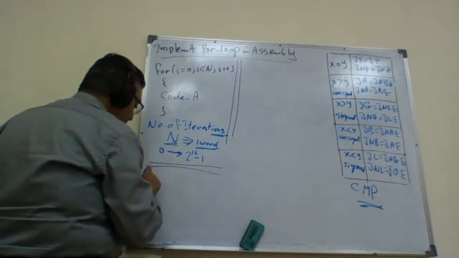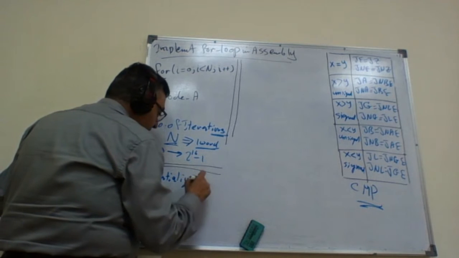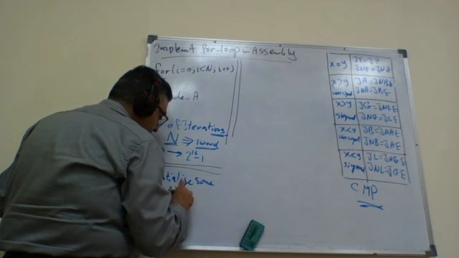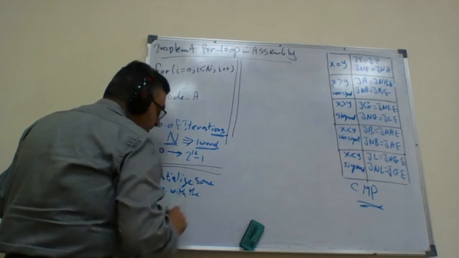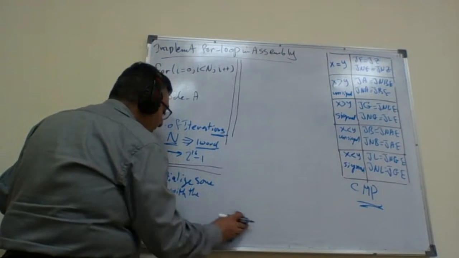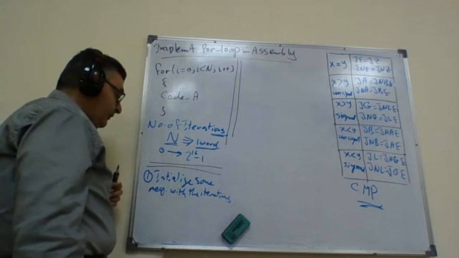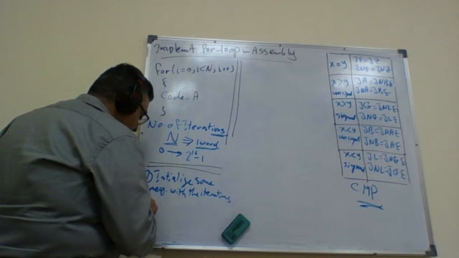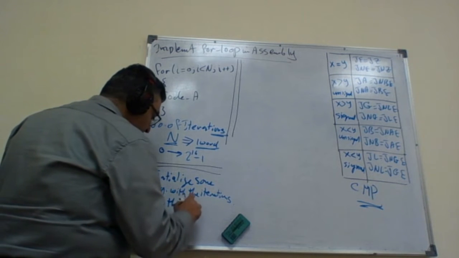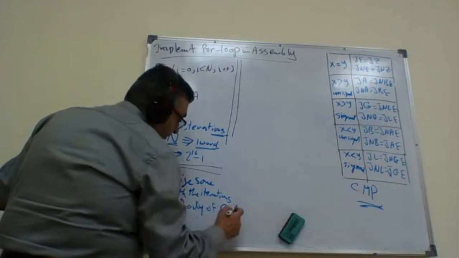First, we need to initialize some register, the index of the for loop, with the number of iterations. Then we need to do the body of code A.